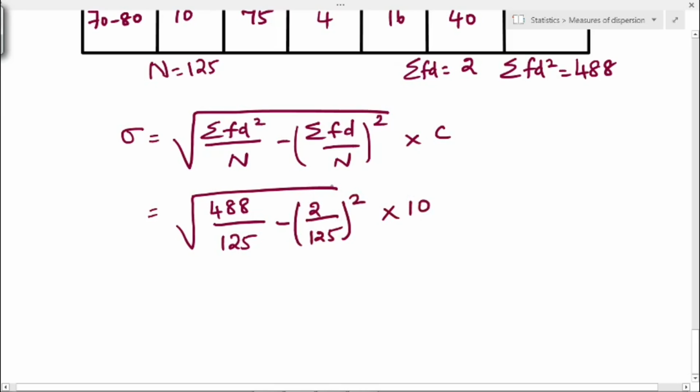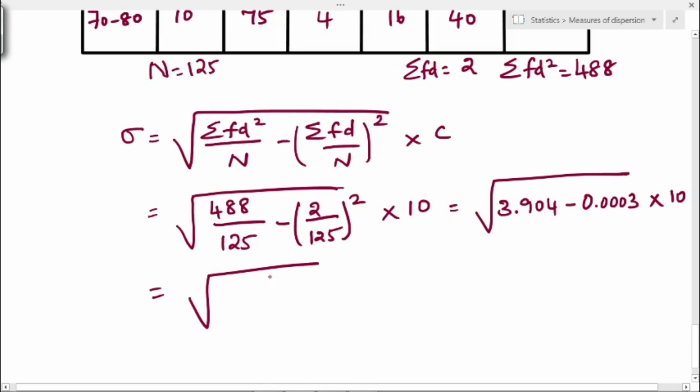Simplify this. Square root of 488 divided by 125, that value is 3.904, minus 2 divided by 125 the whole square, that value is 0.0003, into 10.